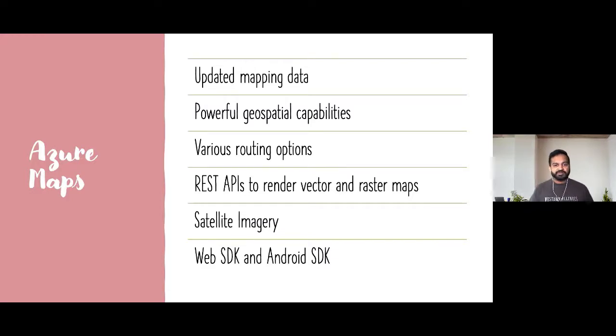And they also have geospatial capabilities. For example, what is the elevation, what is the weather like, and so many other dimensions of data that you would expect, or you may not expect some dimensions, but they do have a lot of data that you can use, and various routing options.